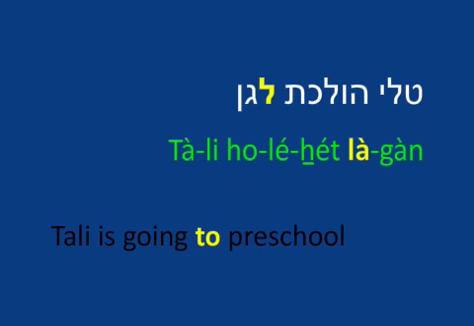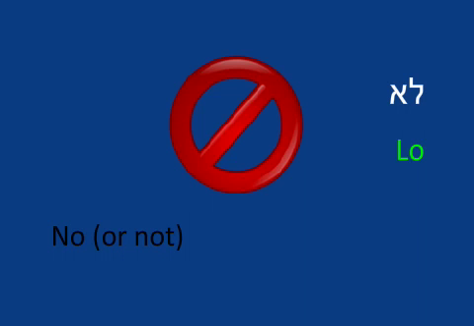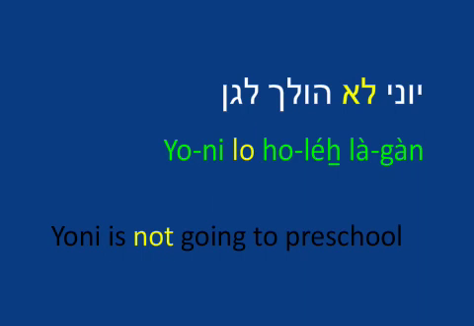Lagan. That's to the preschool. Outstanding. The word for no or not is lo. So to say Yoni is not going to preschool, we would say Yoni lo holech lagan.